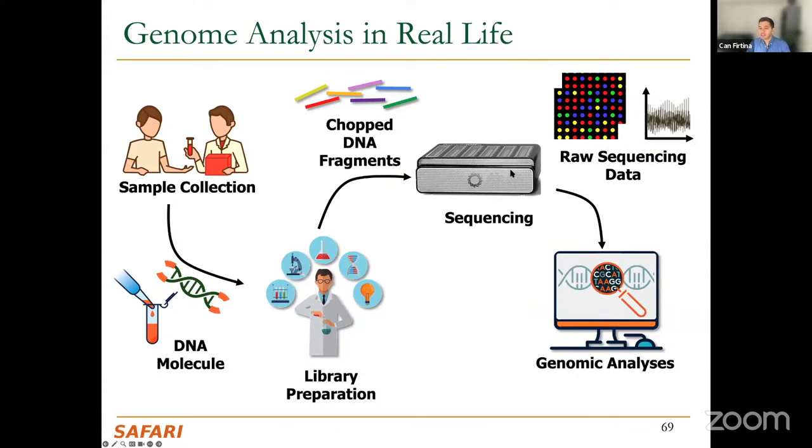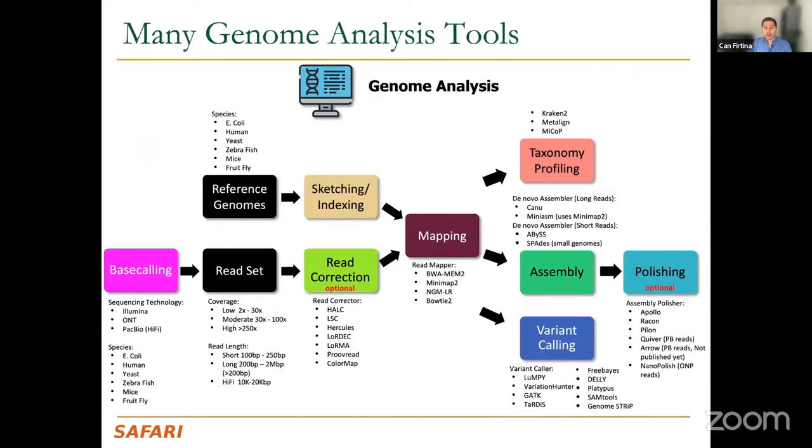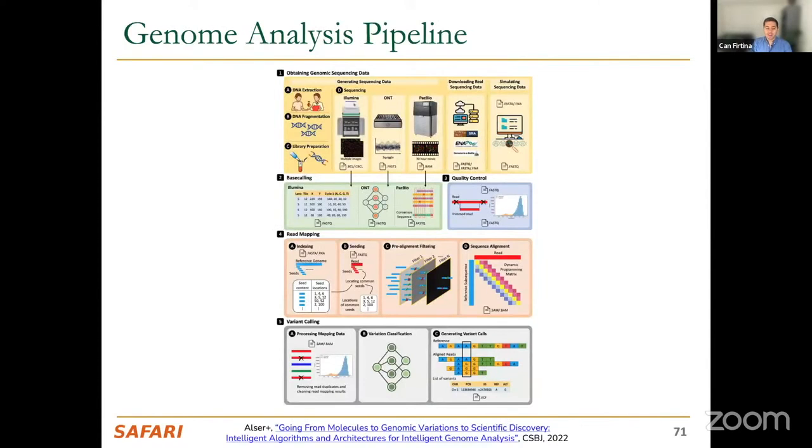But the goal is basically to understand that raw sequencing data and maybe either translate it to the bases or, even without translating to the bases, perform some computational analysis to understand the genome. And people are developing many tools for many steps in the genome analysis pipeline to achieve fast and accurate genome analysis.